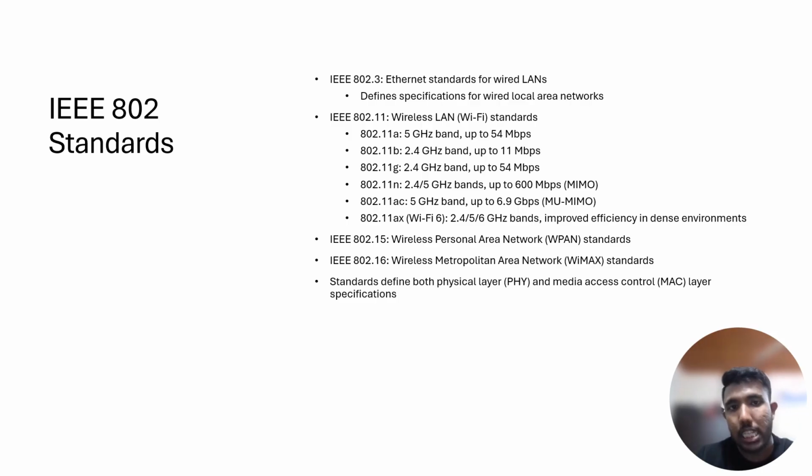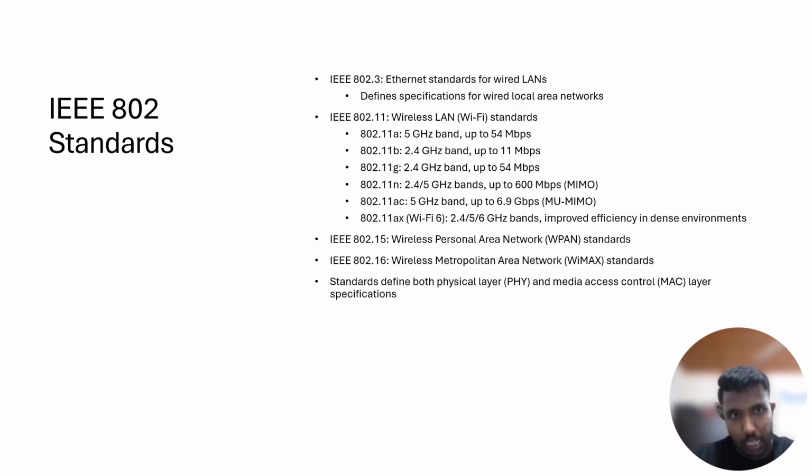802.11ac enhancing performance with wider channels, higher modulations, and MU-MIMO for up to 6.9 gigabits per second. 802.11ax is Wi-Fi 6 optimizing efficiency in dense environments with OFDMA and improved MIMO.